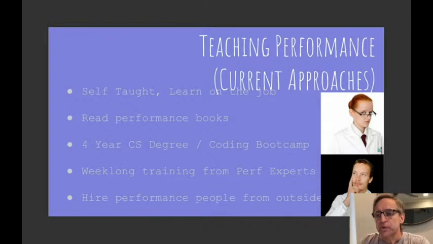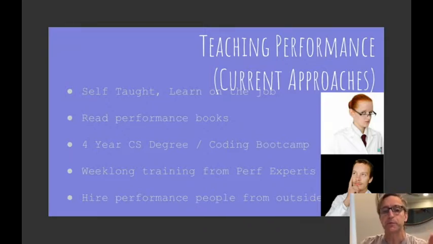When we think about my skills, about your skills, and how you came to be able to troubleshoot performance problems and how to fix them, this is my slide that talks about how we all arrived here. As I mentioned, a lot of us are completely self-taught. This is on-the-job training.